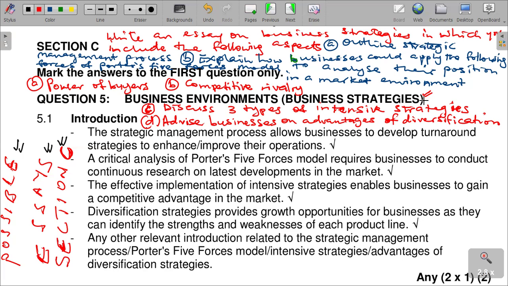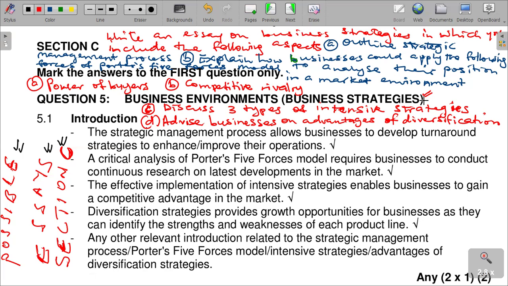A critical analysis of Porter's five forces model requires businesses to conduct continuous research on the latest developments in the market. The effective implementation of intensive strategies enables businesses to gain a competitive advantage in the market. Also, diversification strategies provide growth opportunities for businesses as they can identify the strengths and weaknesses of each product line.